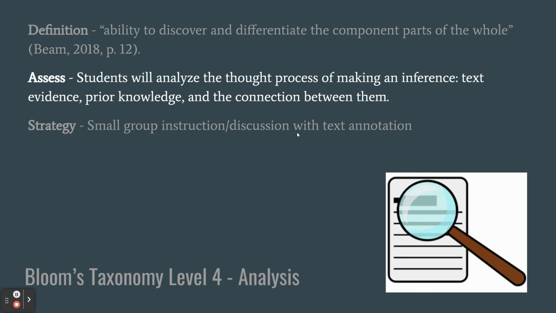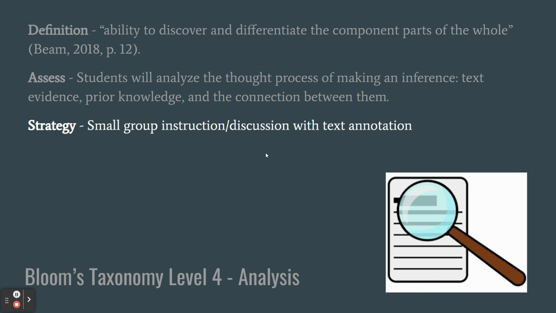So what specifically did you already know, and how did you already know that information that then allowed you to take the text evidence and make that inference? And then there is the third part of it, that connection between them, taking what you see in the text combined with what you already know, and then coming up with your inference or hypothesis as to what's really going on, or what the motivation of the character is, or whatever the situation is.